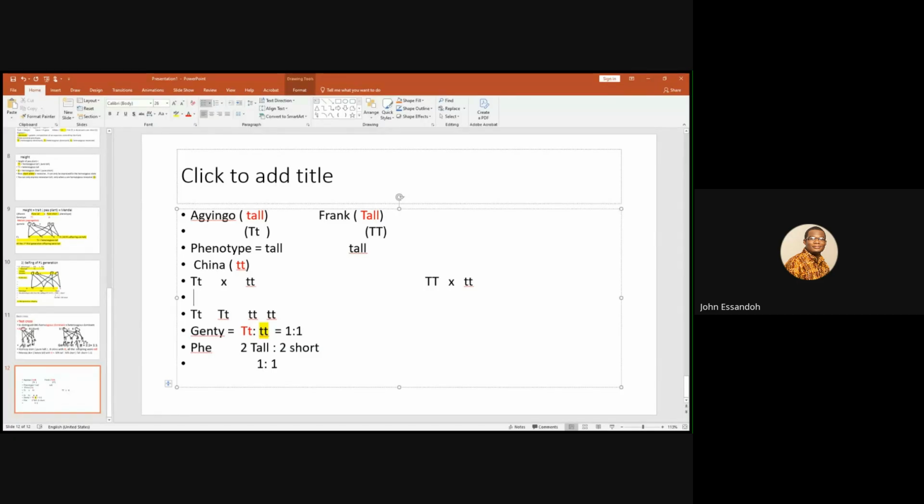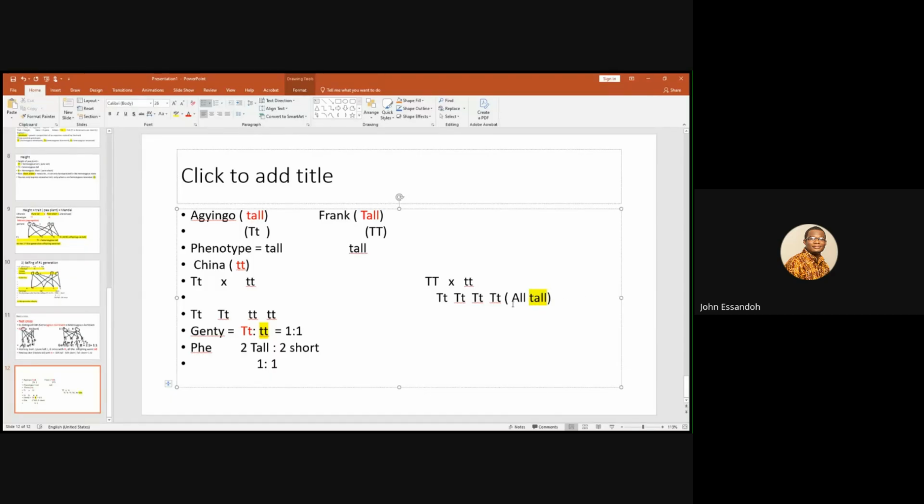All the children will be capital T, small t, capital T, small t, capital T, small t. So here, all of them are the same. We don't talk of ratio. All tall. So phenotypically, all of them are tall.